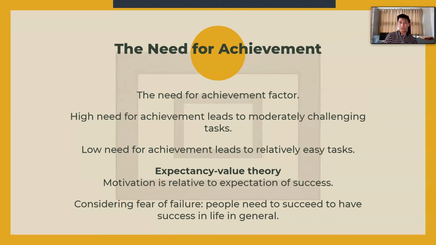The next view is the need for achievement, which tells us that people have an inherent desire for achievement. Now, depending on the level of your need for those achievements, you will likely be able to choose between easy tasks and challenging tasks.